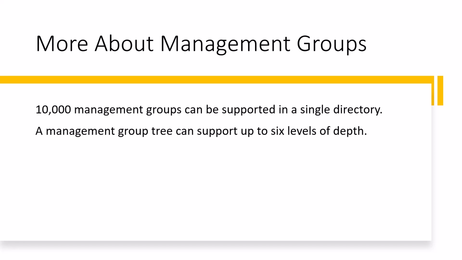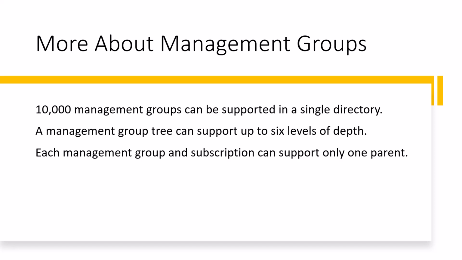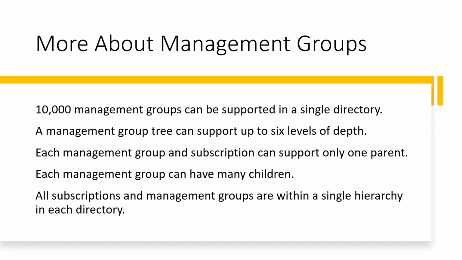Those 6 levels don't include the root level or the subscription level. So you can't have, like, 19 levels of a management group tree. You're limited to 6. Each management group and subscription can only support one parent, although each management group can have many children. And lastly, all subscriptions and management groups are within a single hierarchy within each directory.